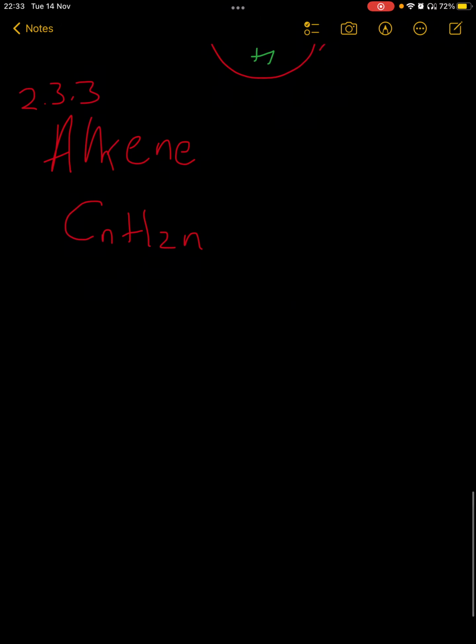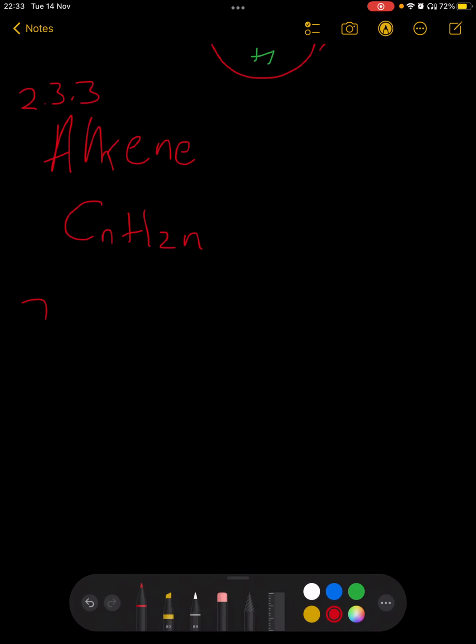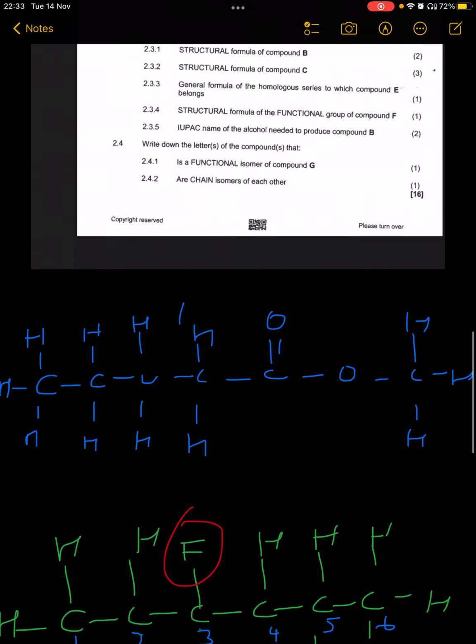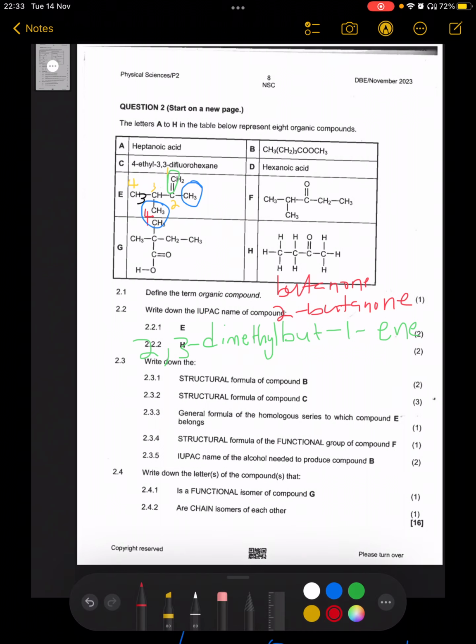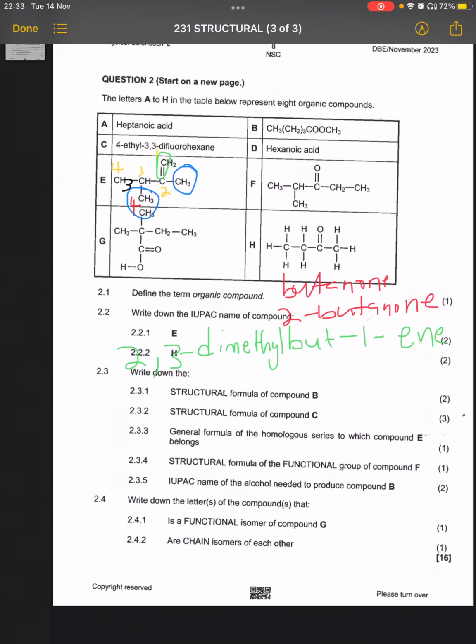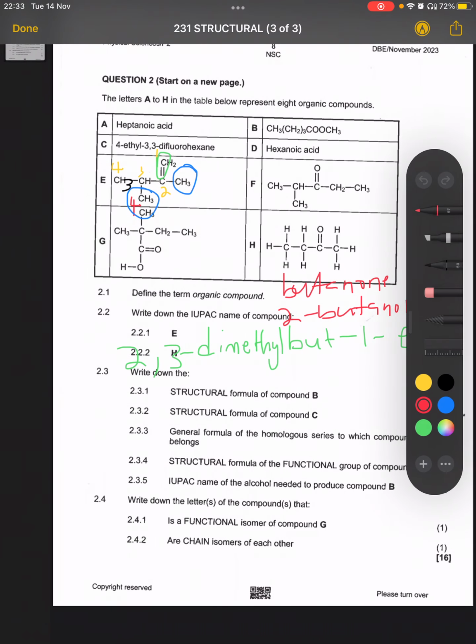And then 2.3.4, the structural formula of the functional group of compound F. Now, compound F, if we may go back to this question here, compound F is having this here.